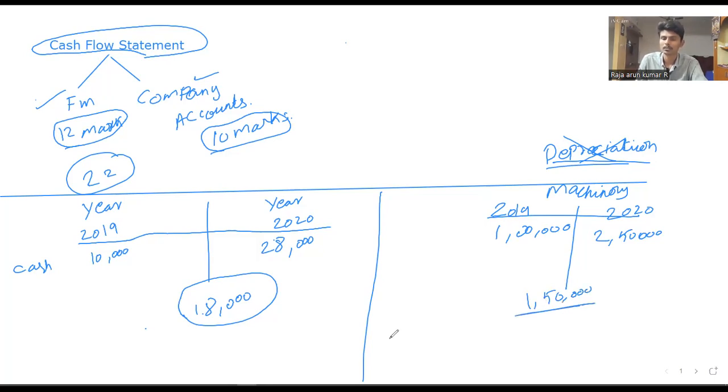Comment in the comment box. The 1,50,000 was the purchase of machinery.